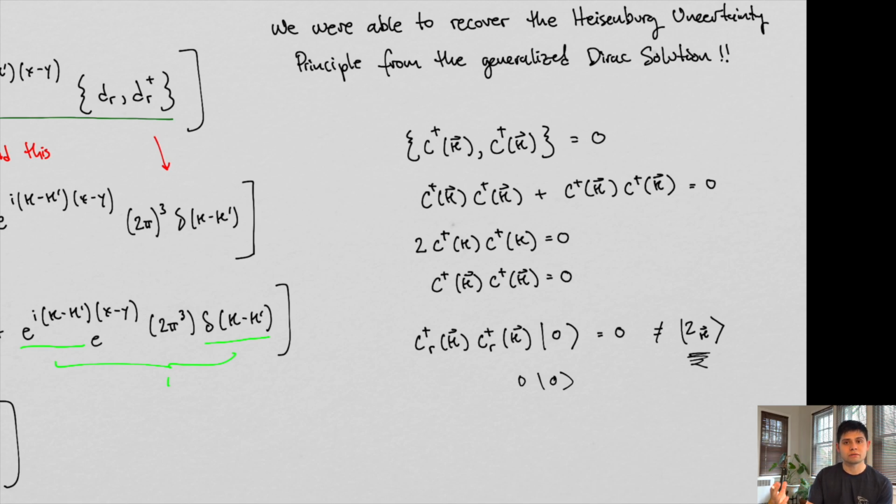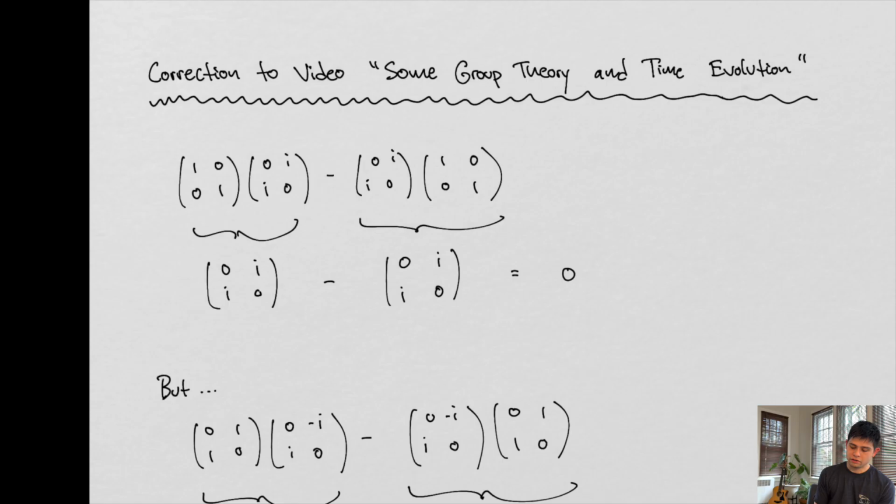Based off of really just the math, a few things we've talked about in other videos, we've shown it to be the case. So what I want to do in the remaining, hopefully just a few minutes, is correct an older video on one of my quantum mechanics videos.